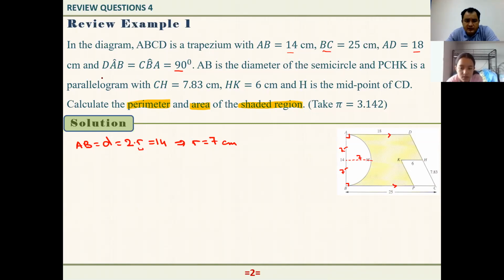Okay, we got it. And the PCHK is a parallelogram, with this one given. We know what is a parallelogram, right? Parallelogram means opposite sides are parallel and equal. So Shahina, if this length CH is 7.83, what is KP? KP is equal to CH, that's equal to 7.83, right?